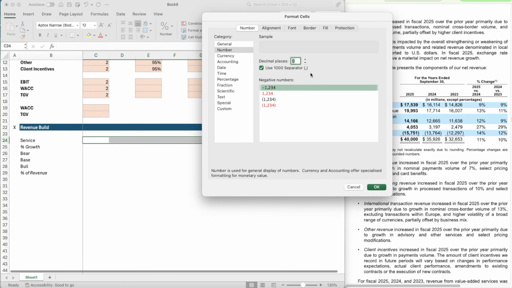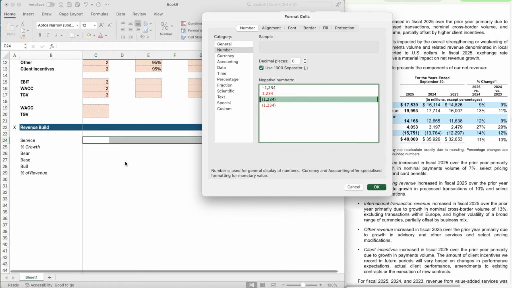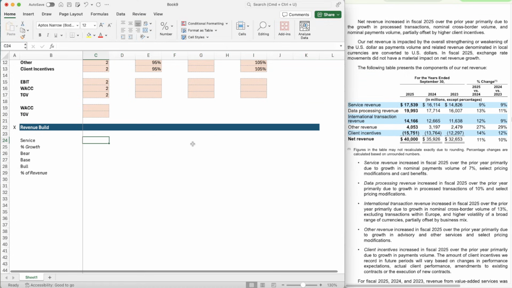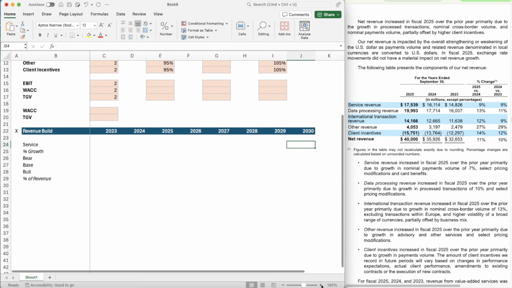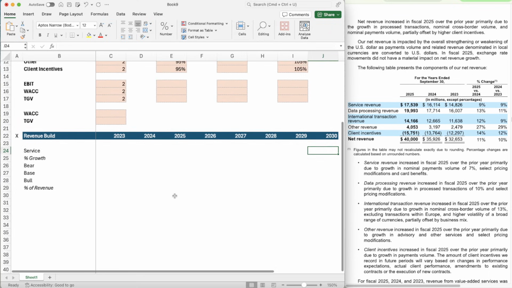We use the thousand separator, and we use brackets for negative numbers. This, we're going to start 2023. Pull this along. We don't need this last one. I will zoom in a bit more. Better.